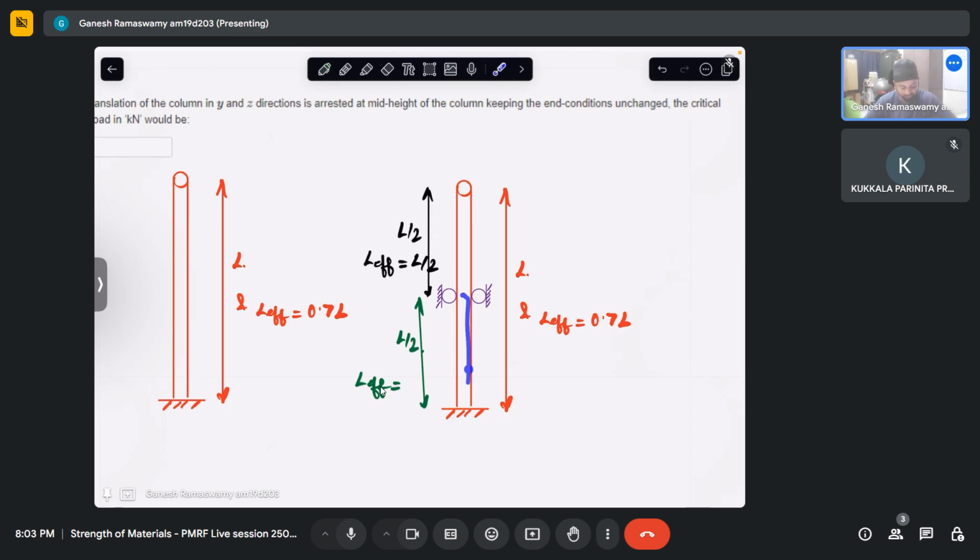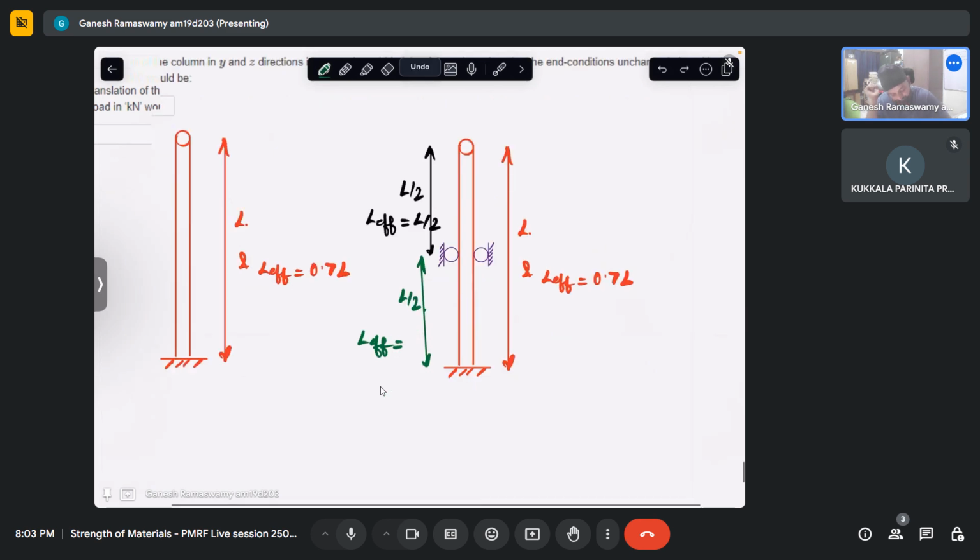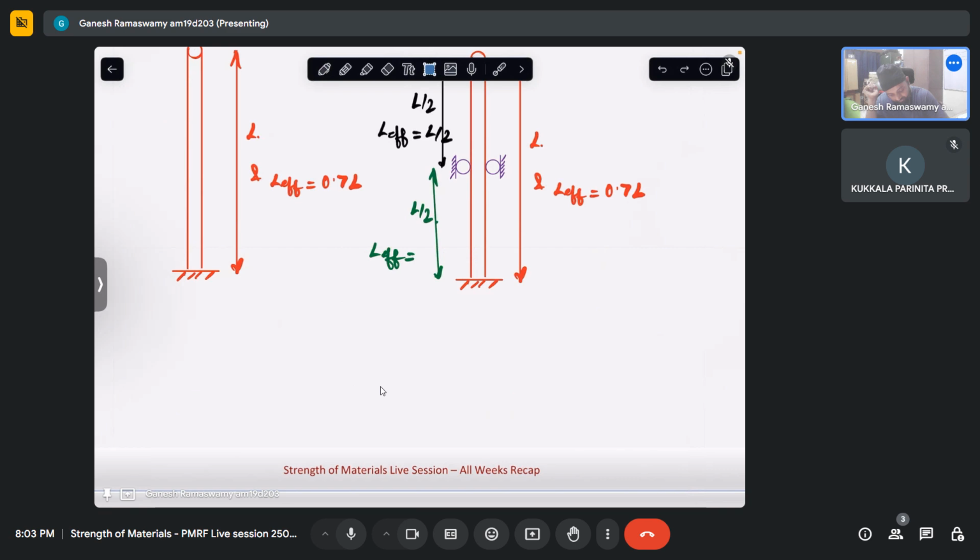So this is L by 2, and L effective for this second portion of the column. I hope you are able to appreciate that now top acts as a hinge, bottom acts as fixed. So it is just this column but half the height. So this will be 0.7 into L by 2. So for this portion, L effective is 0.7 into L by 2.